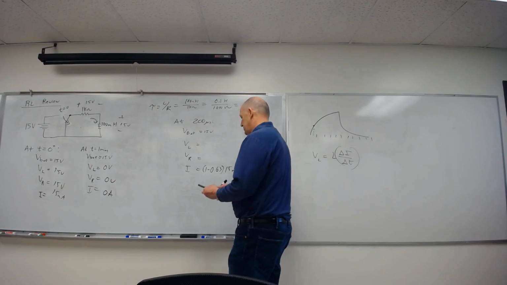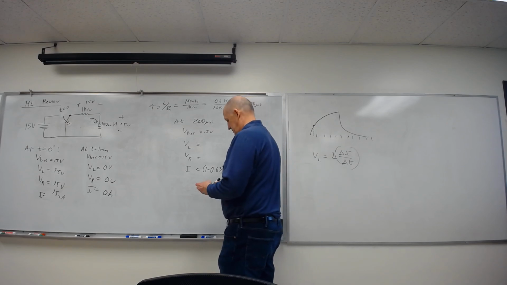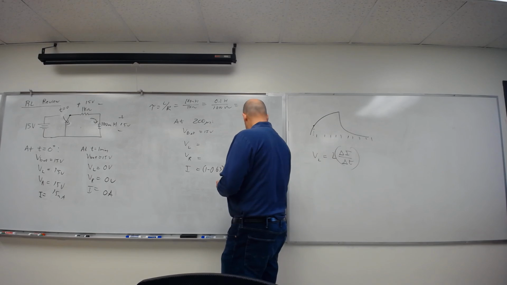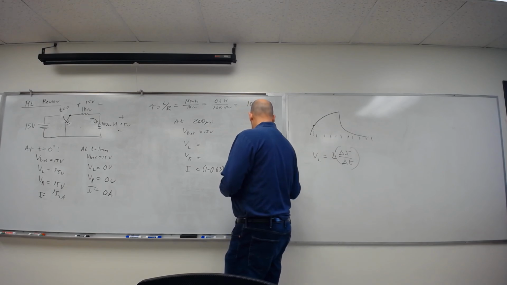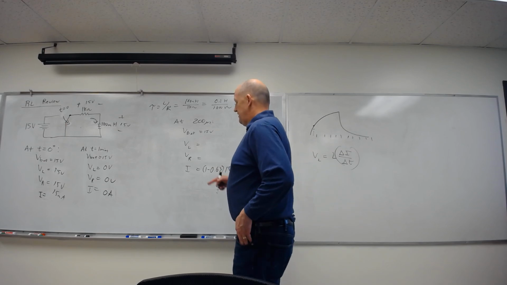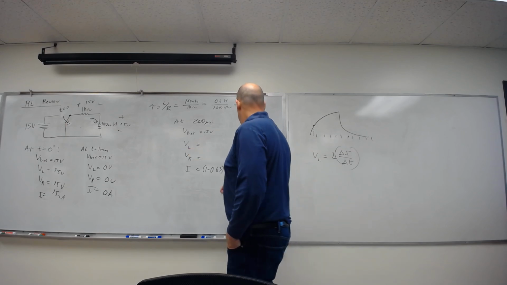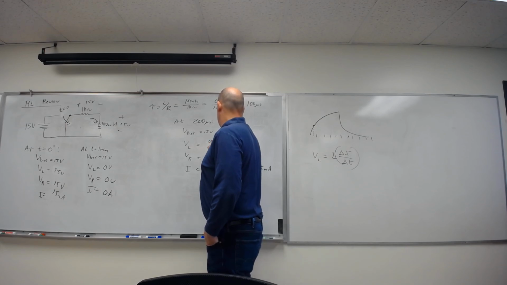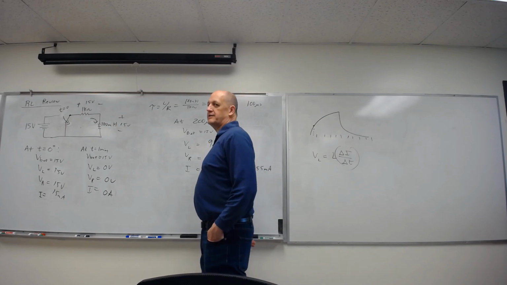The number looks similar to before. So 37% times 15 is 5.55 milliamps. So after 2 time constants, I will have gone from 15 milliamps down to 5.55 milliamps. Ohm's law: whatever's left over is across the inductor.